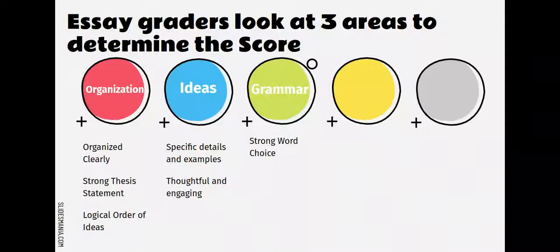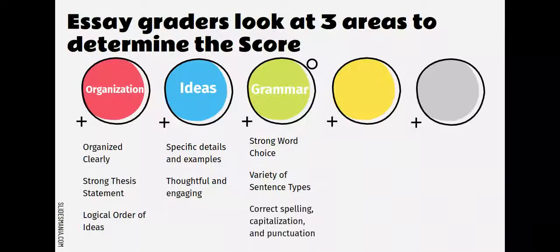Grammar, they're going to be looking at your word choice and your sentence variety. That means you need to have not only simple sentences, you need to have compound sentences and complex sentences as well. They're also going to be checking for your spelling, your capitalization, and your punctuation.